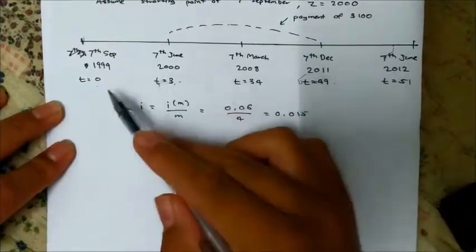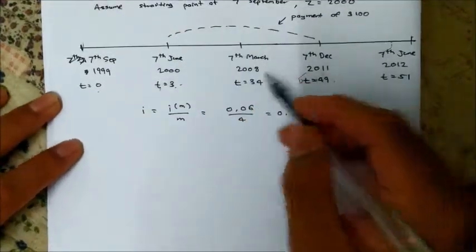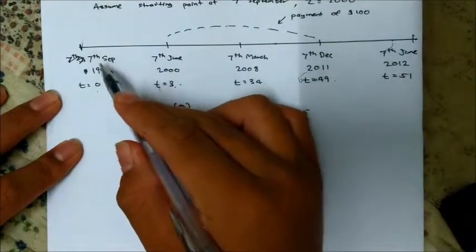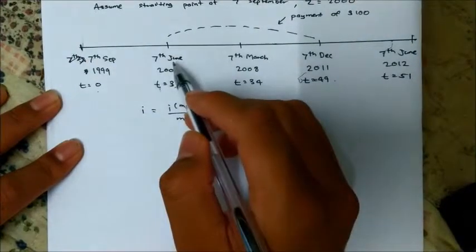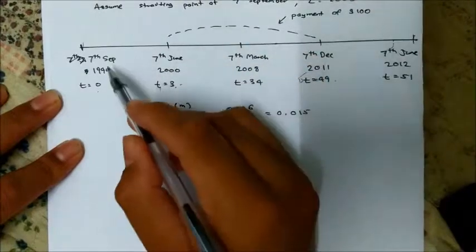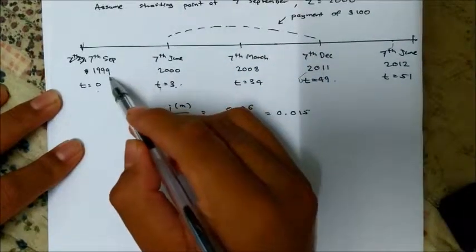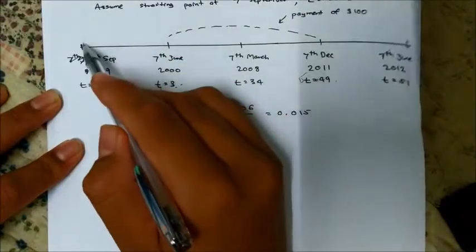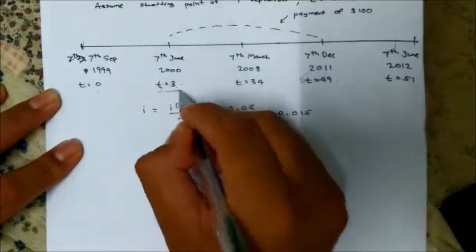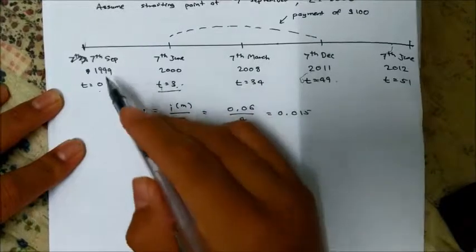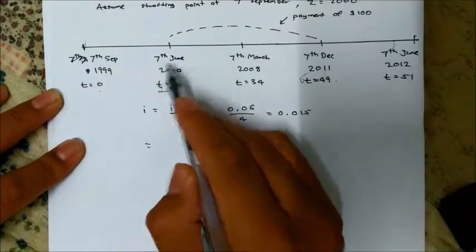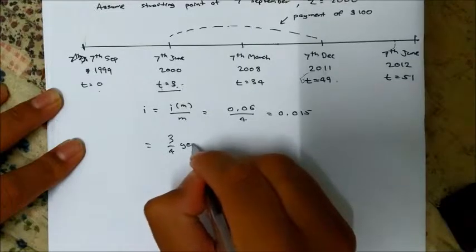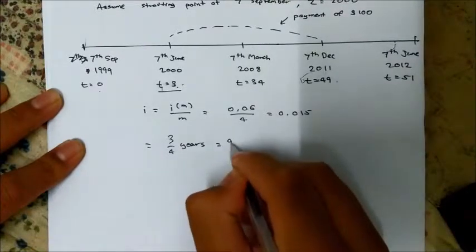To calculate the value of T, we need to find the range from the first date to the second date and so on. Since 7th September 1999 is the first date, I'll give you an example of finding T. From 7th September to 7th June is 3/4 years, which is equivalent to 9 months.